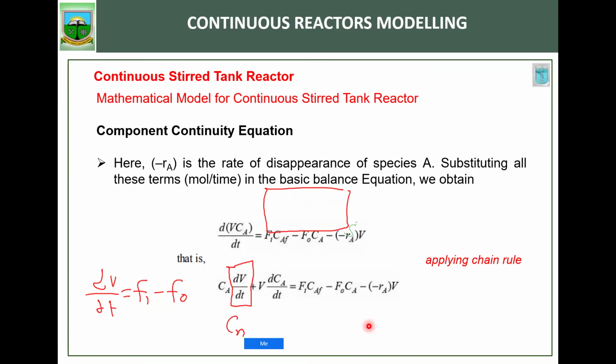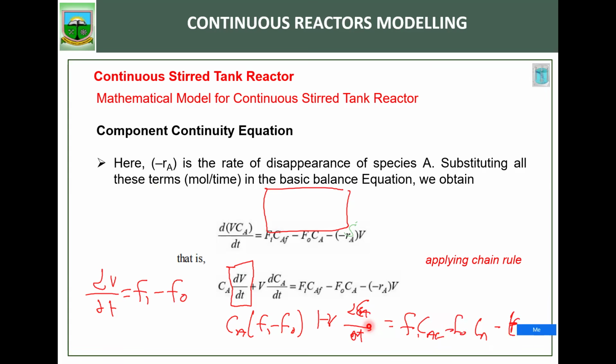So we now have C_A(Fi minus Fo) plus V dC_A/dt is equal to Fi C_Ai minus Fo C_A minus Ra V.